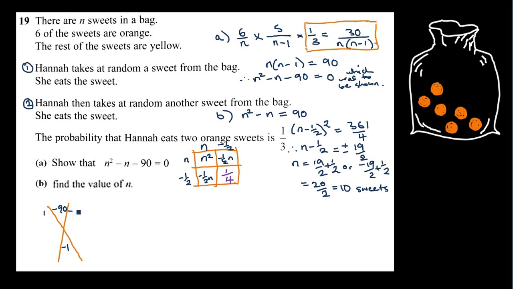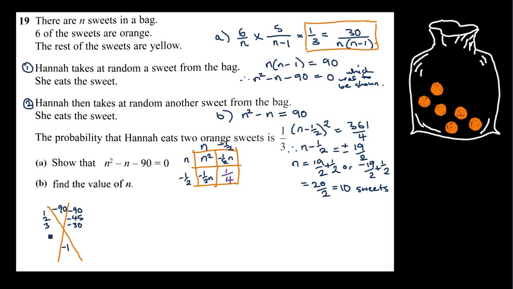Well, obviously if we just start with 1 and minus 90, that's going to be a long way off our 1 difference. So we've also got 2 and 45. What else have we got? 3 and minus 30.